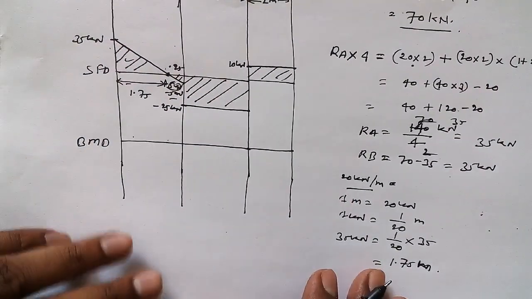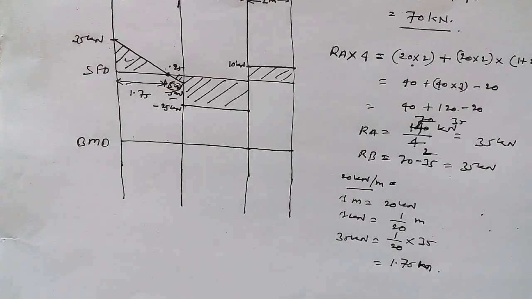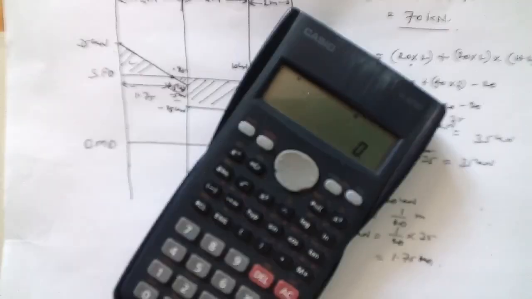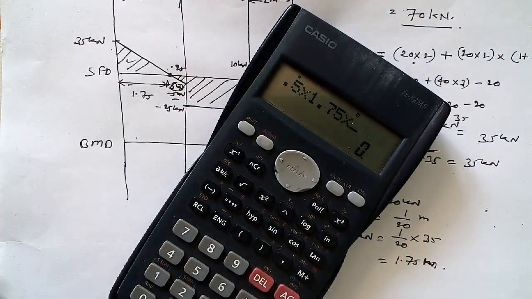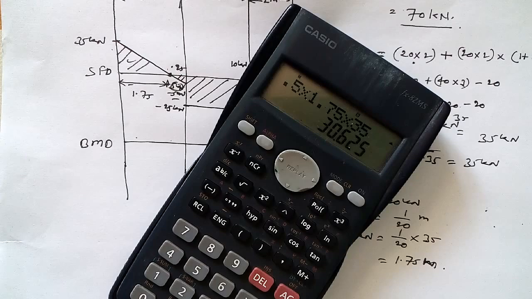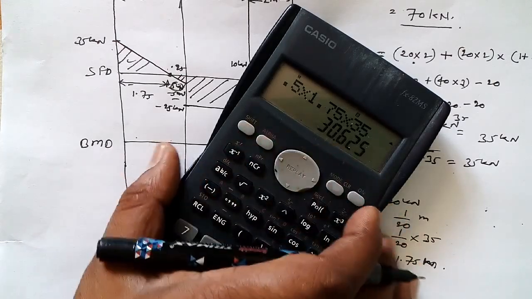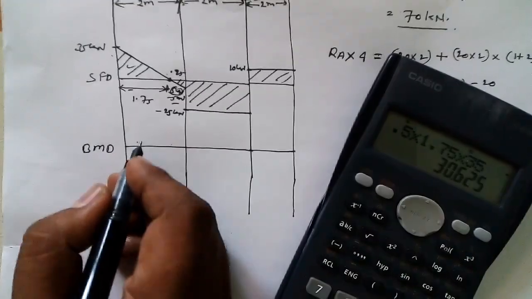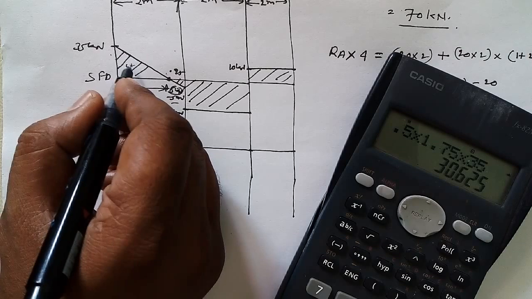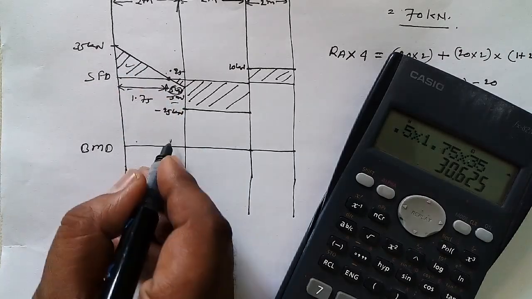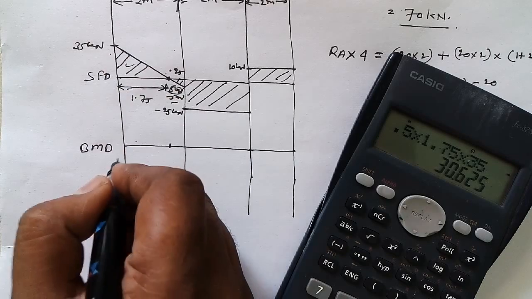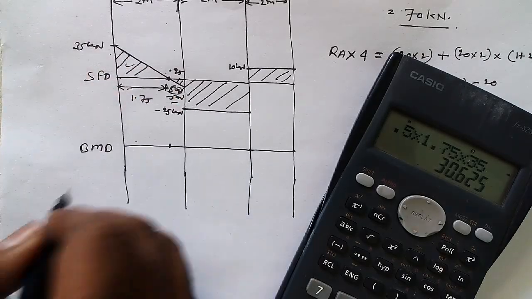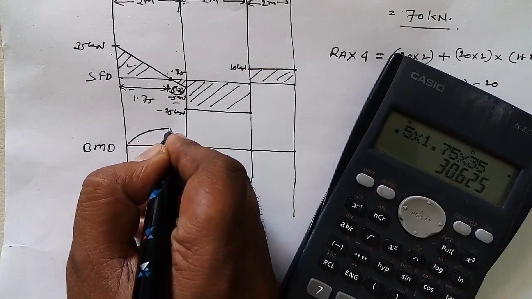You know the area of a triangle is half base into height, so 0.5 times base 1.75 times height 35, how much? 30.625. Again, this is the positive side. If this is linear, then this will be parabolic.